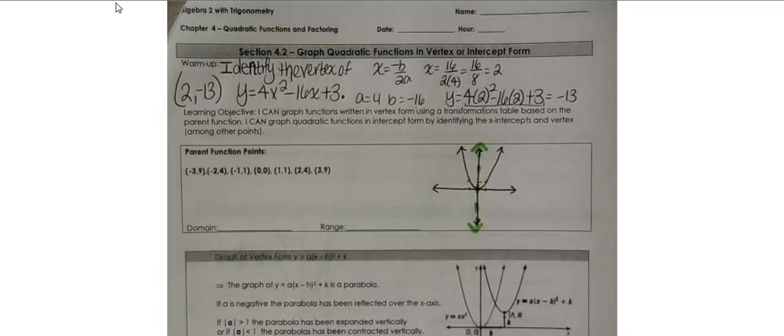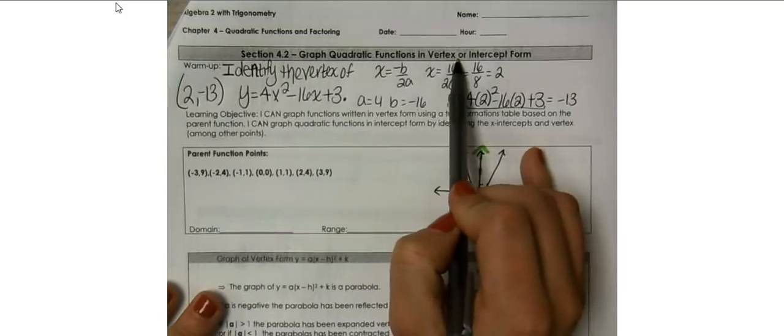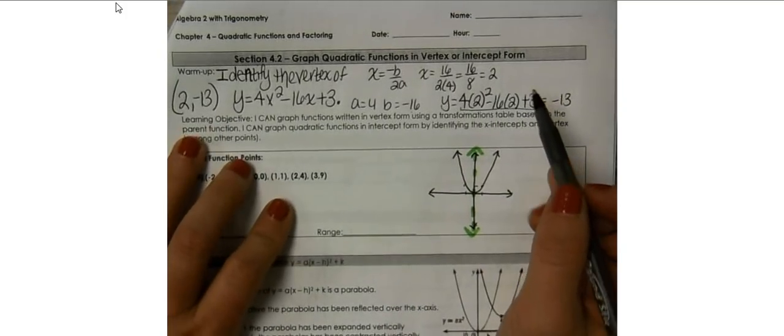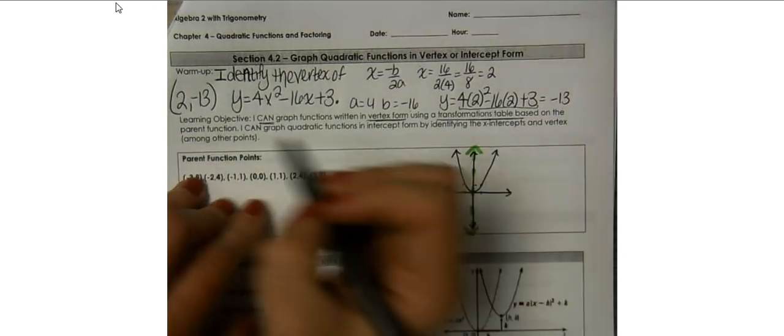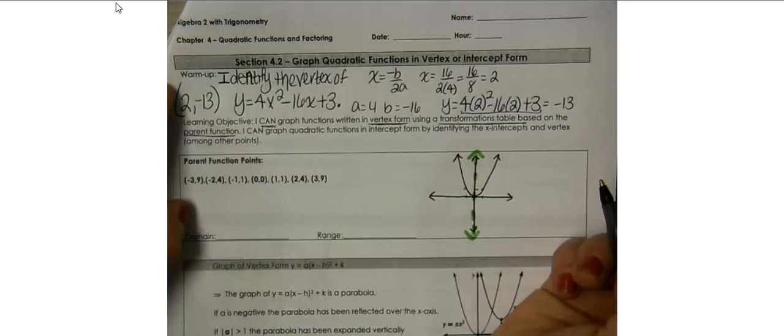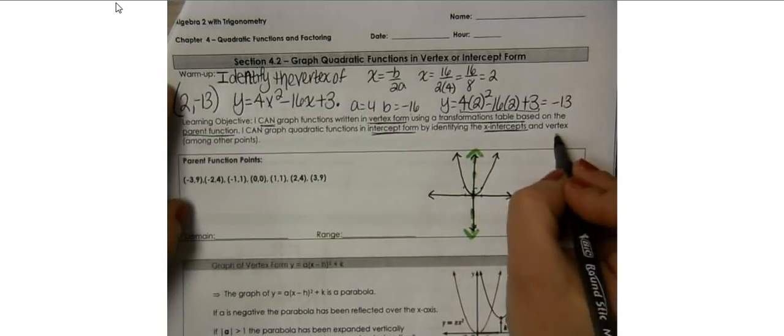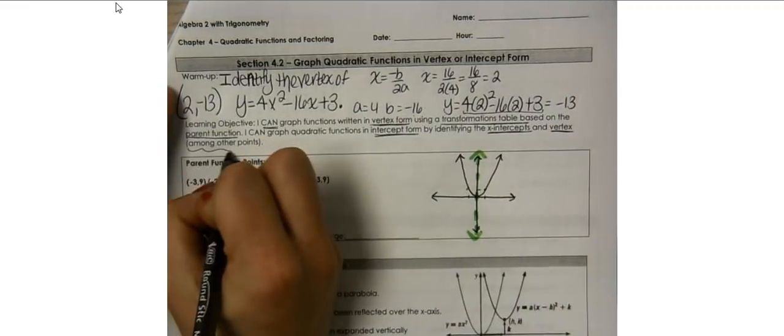And in this lesson, we're going to be talking about vertex form and intercept form. So our learning objective for today is for you to be able to say, I can graph functions written in vertex form using a transformation table based on the parent function, and I can graph quadratic functions in intercept form by identifying the x-intercepts and the vertex, among other points.